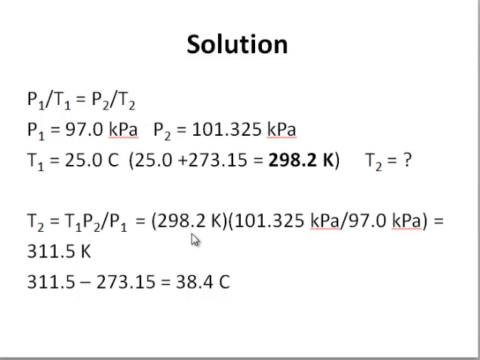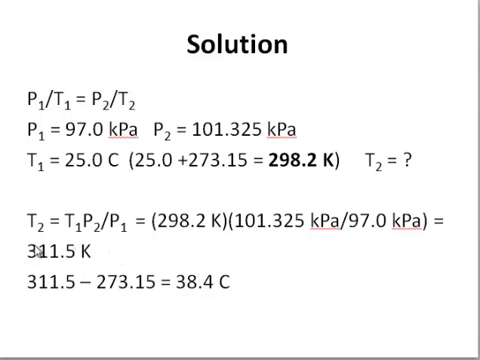And plug in units. I have 298.2 Kelvin times, in parentheses, P2, 101.325 kilopascals over 97 kilopascals. This is to illustrate that the pressure units of kilopascal cancel. And the answer we arrive at is 311.5 Kelvin.